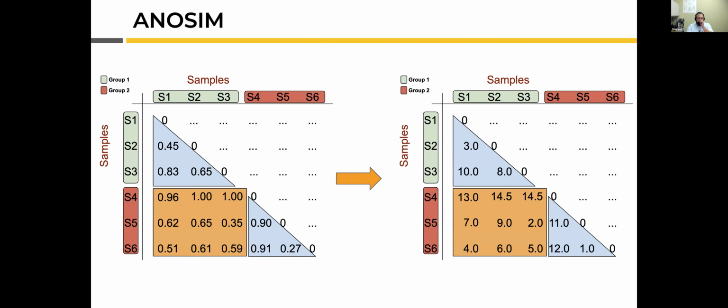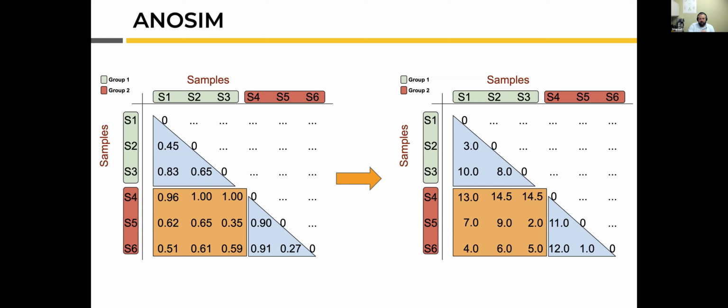And so this is just sort of an overview of ANOSIM. As I mentioned, given a dissimilarity matrix with defined groups, it ranks those dissimilarities. And the ANOSIM statistic compares the average of the ranked dissimilarities between the groups to the average of the ranked dissimilarities within the groups.